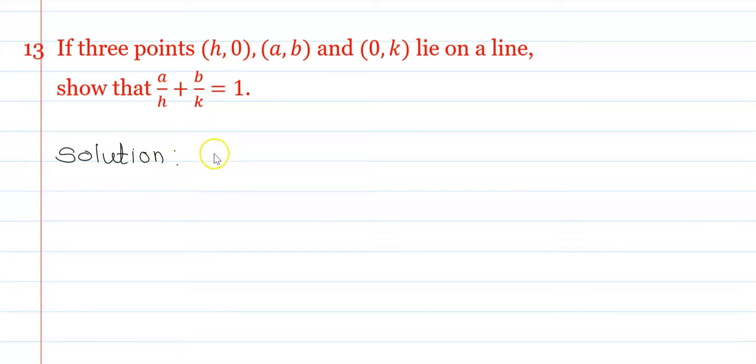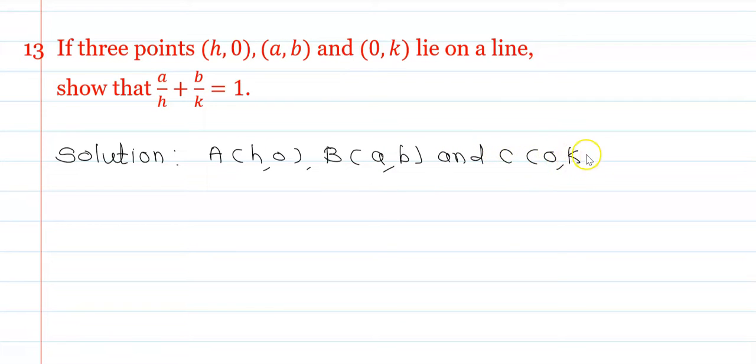Suppose the points are: the first point A is (h, 0), B is (a, b), and C is (0, k).